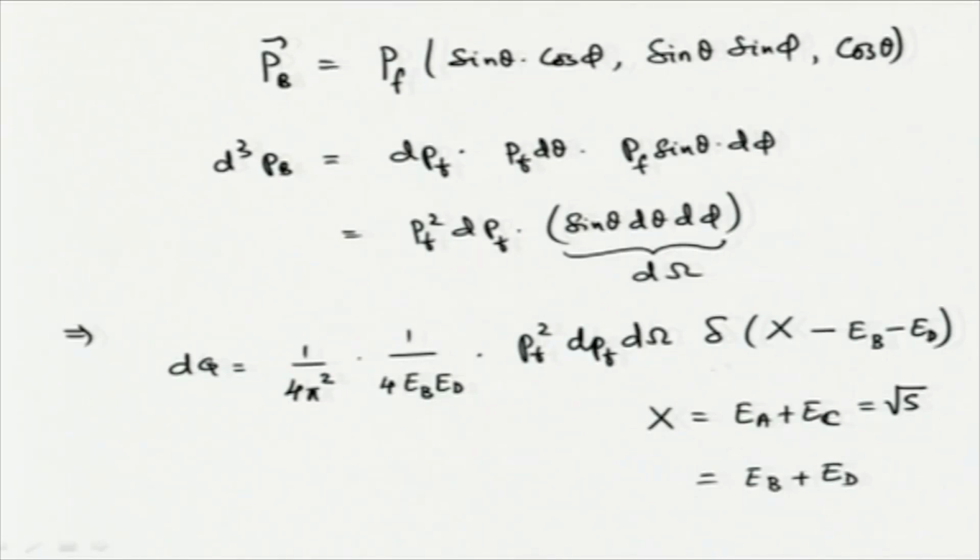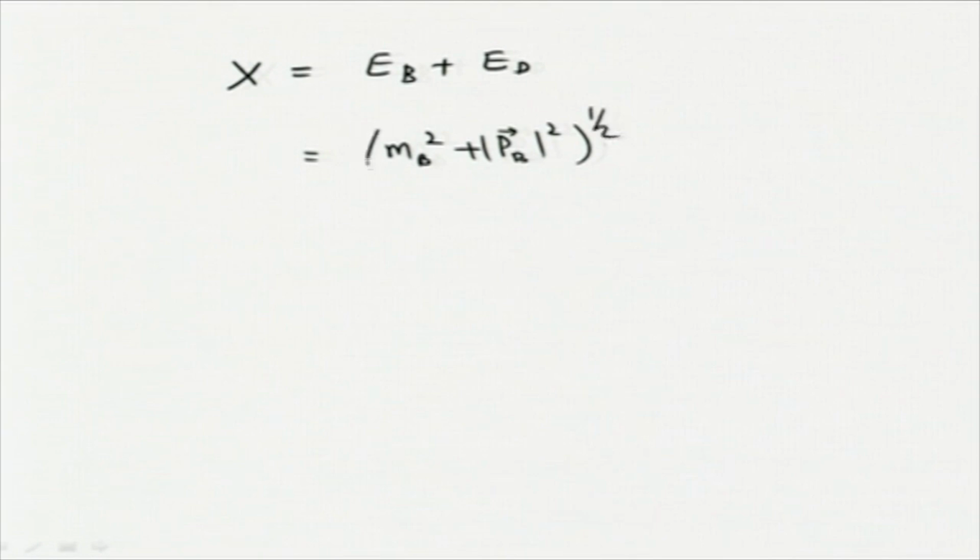Let me do a little bit of manipulation here. I write x equal to E_B plus E_D. E_B is the square root of m_b squared plus the magnitude of p_b squared, plus similarly the square root of m_d squared plus p_d squared.